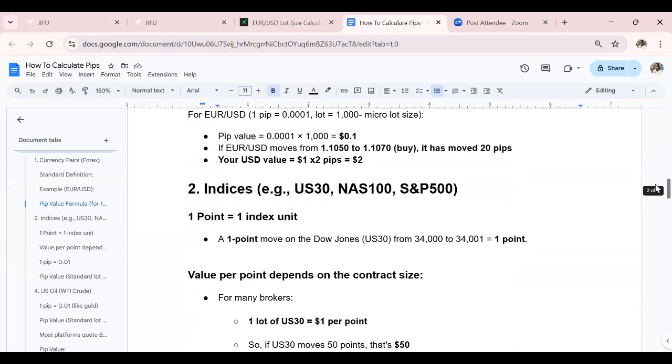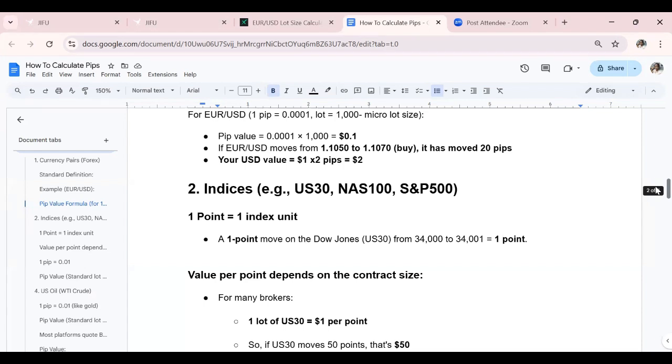And if you're using MetaTrader 5, you don't even have to do all this in your head, because once you take a position, you can click on the chart and it shows you how much your stop loss is in dollars and how much your TP is in dollars.